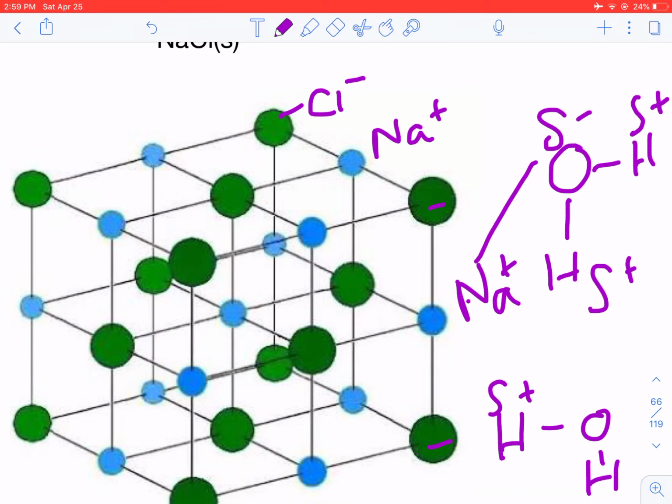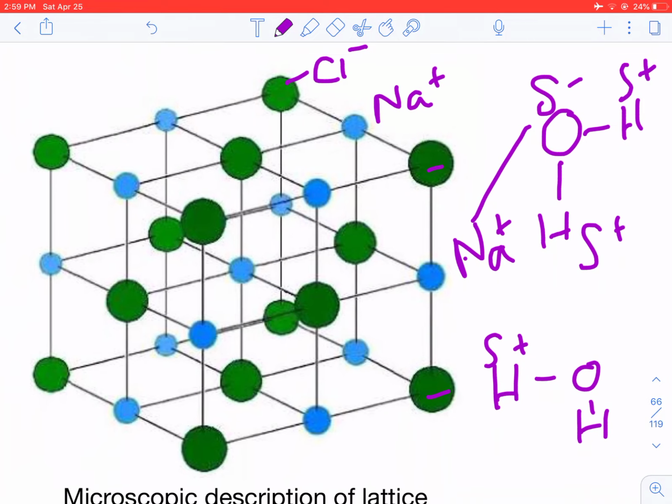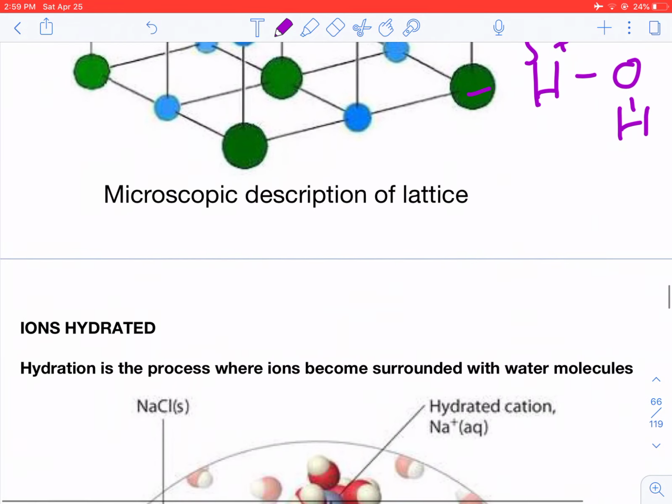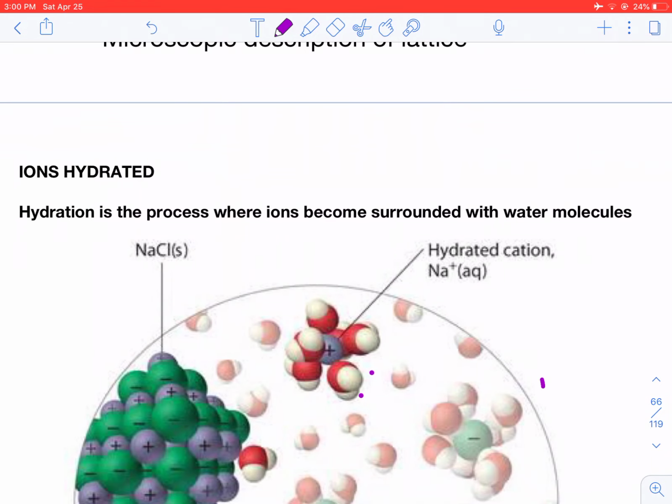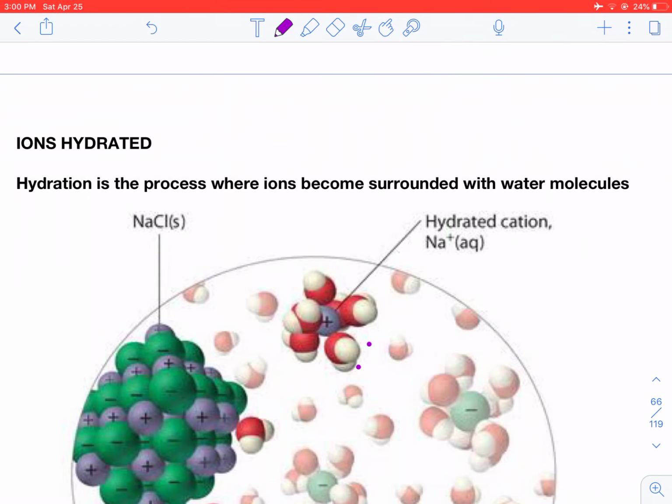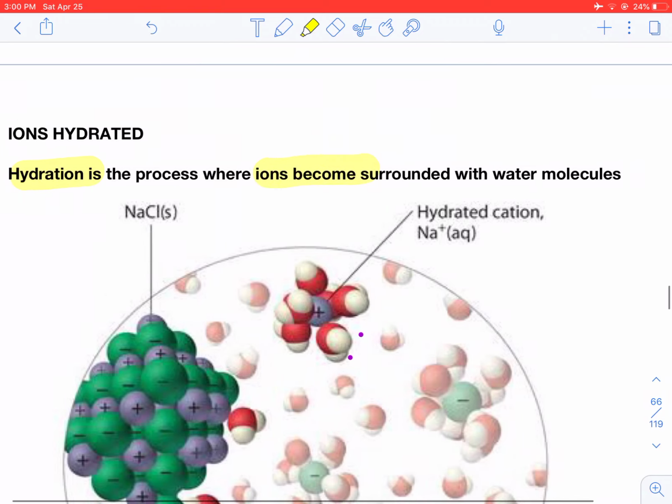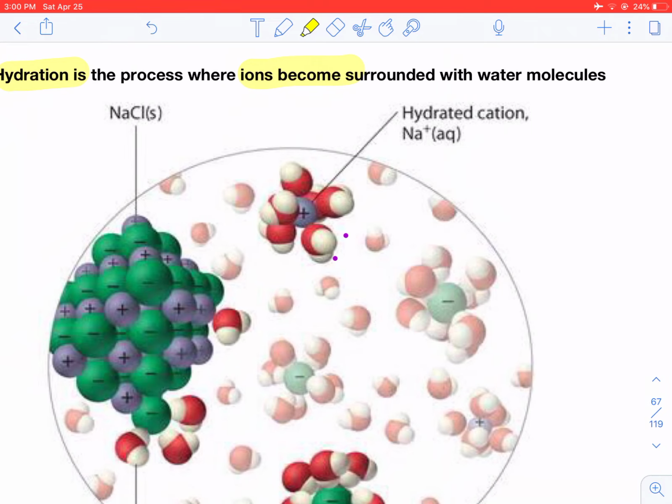these ions on the surface, and it then breaks it down. So here we look at it. Ions hydrated. What is hydration? Hydration is the process where ions become surrounded with water molecules. Now here we have, for instance, our solute, which you see. What happens here? You will see that your positive particles are hydrated, right?